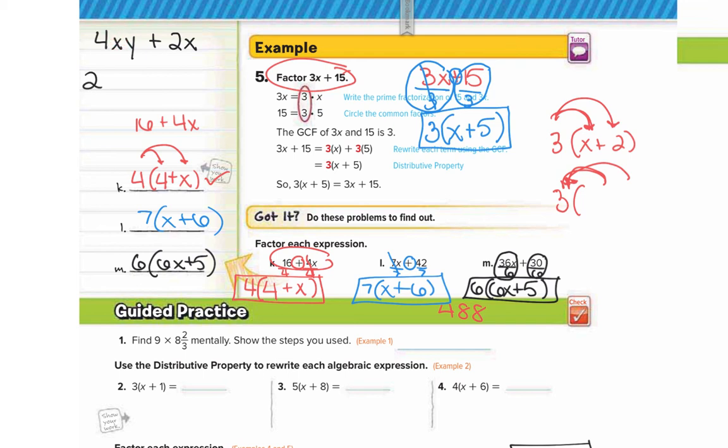But notice how they both also have a letter in common. Because they both have a letter, that letter can also technically come out. Whereas the other problems we did, they didn't both have the same letter, so we didn't take out any letter. But in this problem, they do both share a letter in common. So that can come out with the greatest common factor.